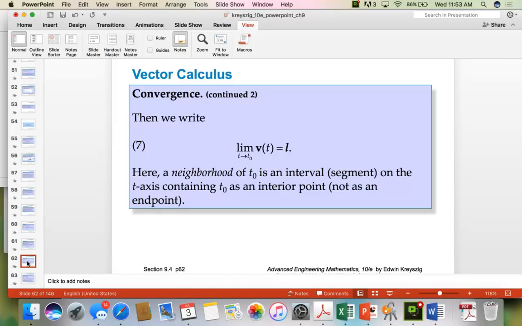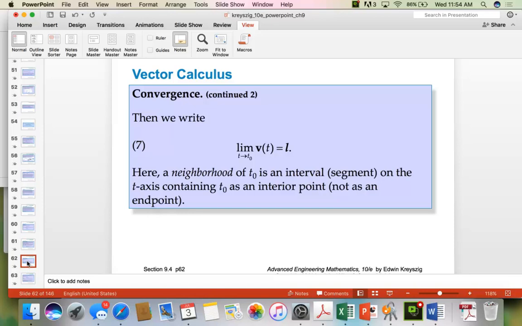Oftentimes when we talk about convergence, we think about things going to 0. That is not always the case.